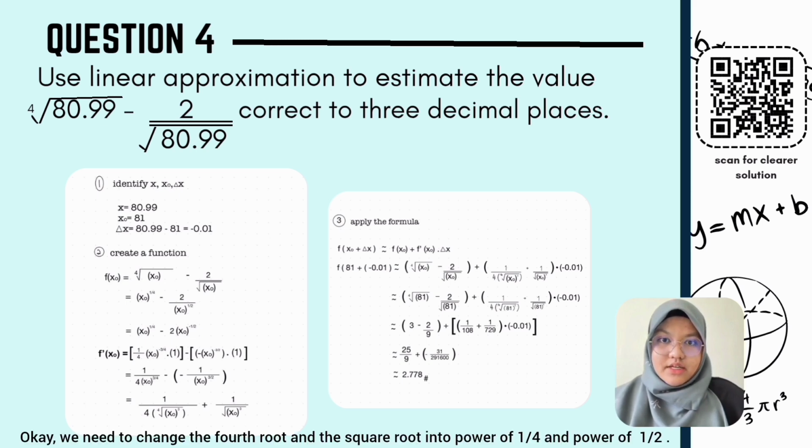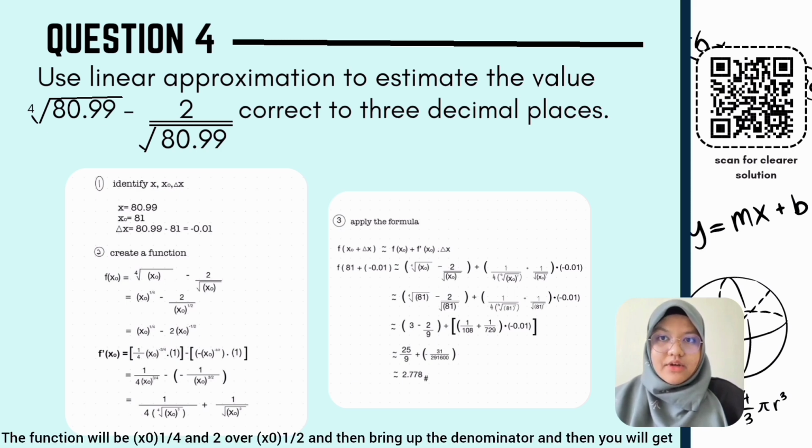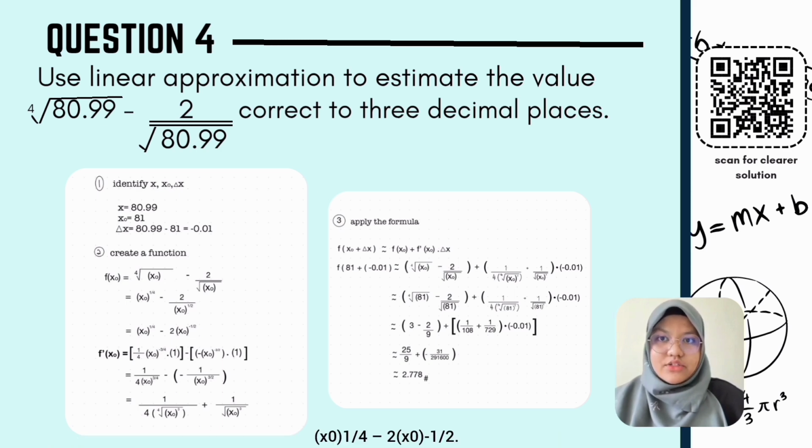We need to change the fourth root and square root into power of 1 over 4 and power of 1 over 2. The function will be x0 to the power of 1 over 4 minus 2 over x0 to the power of 1 over 2. And then bring up the denominator, and then you will get x0 to the power of 1 over 4 minus 2 times x0 to the power of negative 1 over 2.